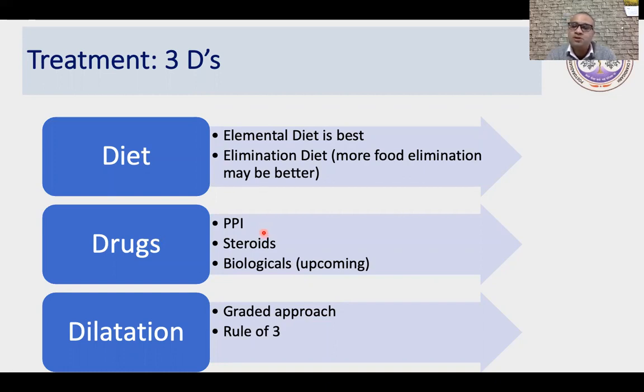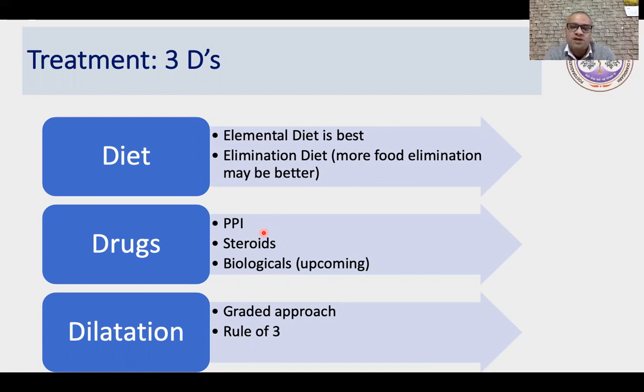So drugs could be the initial therapy of choice. Proton pump inhibitors, there is a subset of patients who respond very well to this. And in fact, earlier there was a PPI responsive eosinophilia, which was thought to be distinctive from eosinophilic esophagitis, although now it is very well recognized to be part of eosinophilic esophagitis.